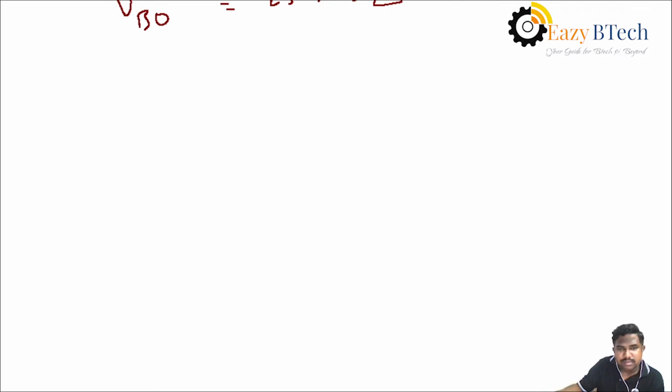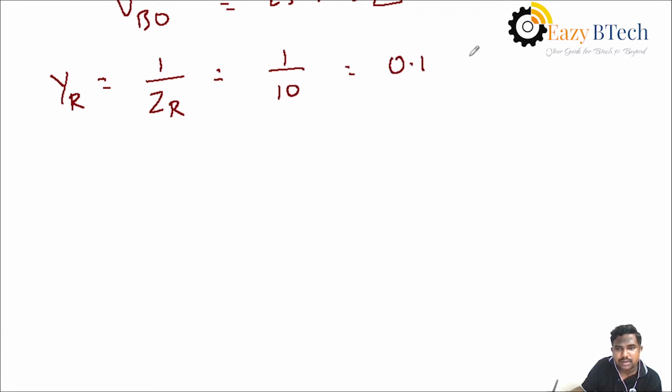For Millman's theorem, we require admittance values. That is, we have to find each phase admittance based on the given impedance values. YR equals 1 by ZR, that is 1 by 10, so 0.1 at an angle 0. The unit of admittance is mhos.